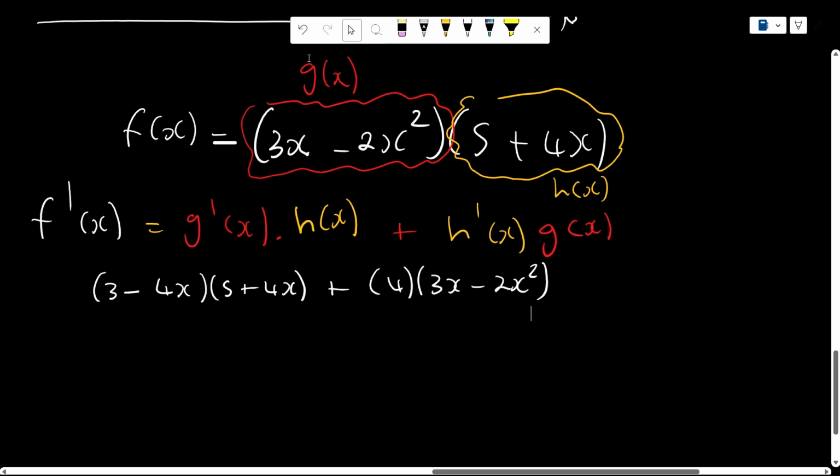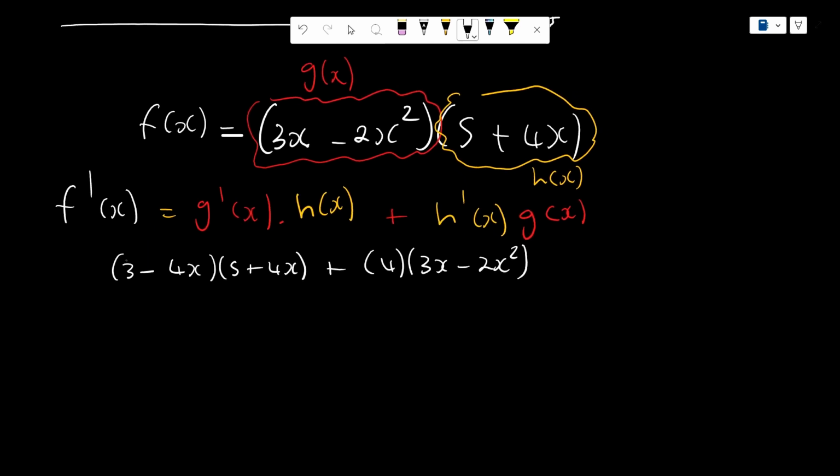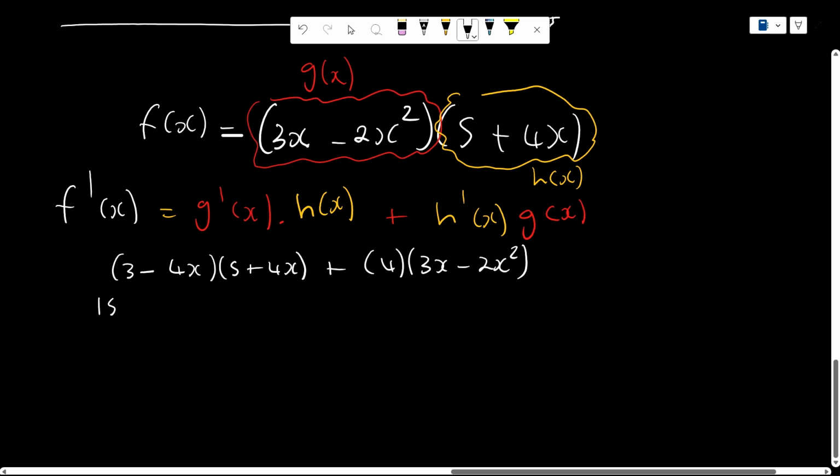Okay, so if you multiply up the bracket, then you'll notice 3 times 5, that's 15, 3 times 4, that's 12x, and then minus 4x times 5, that's minus 20x, and then minus 4x times 4x, that's negative 16x squared, and that times that, that's positive 12x, that and that, that's negative 8x squared.